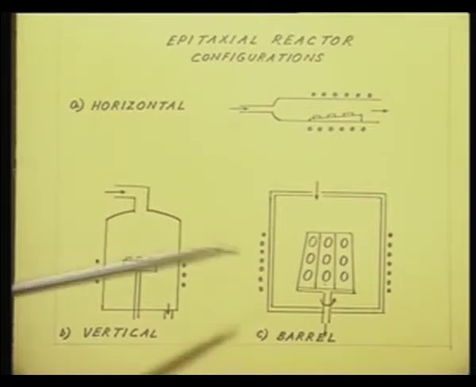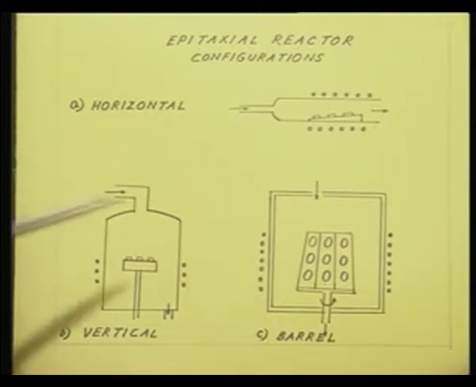And finally, for better throughput, for mass production, what is used is a barrel type reactor. In a barrel type reactor, the reactor holder is a barrel or a drum, and in this drum small niches are carved out, right, small grooves are carved out, and in each of these grooves the sample can be placed.